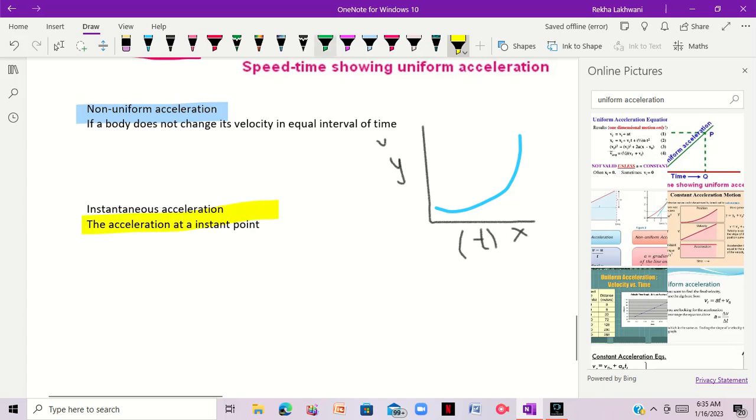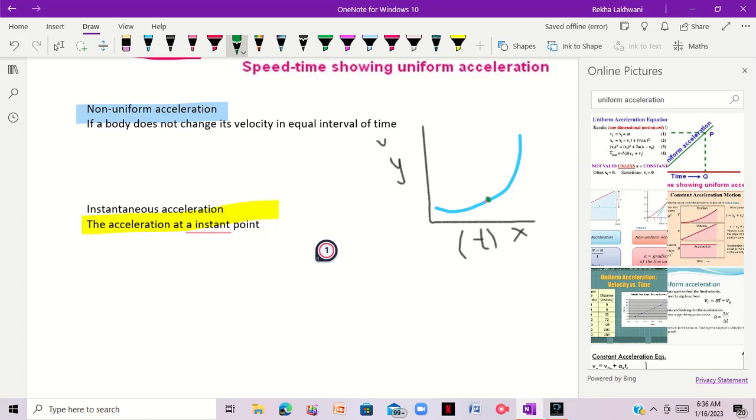For example, let's consider this graph we are having here. This is point A and this is point B. Now I want you to tell me the acceleration at the midpoint, right? Like this instant. That is known as instantaneous acceleration, right?